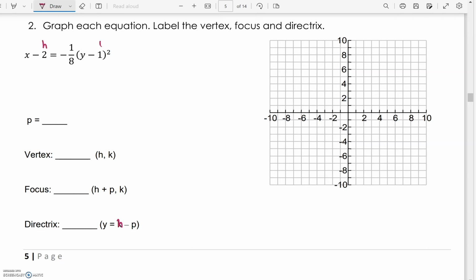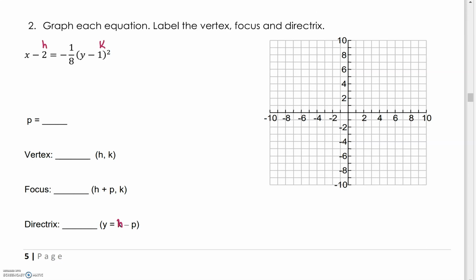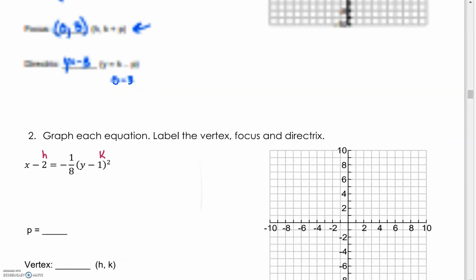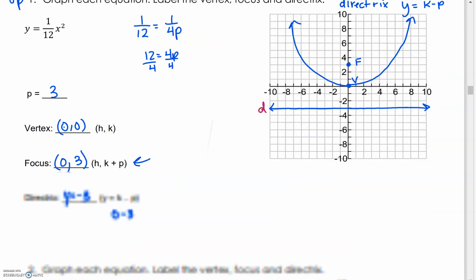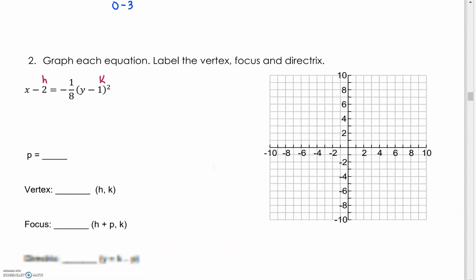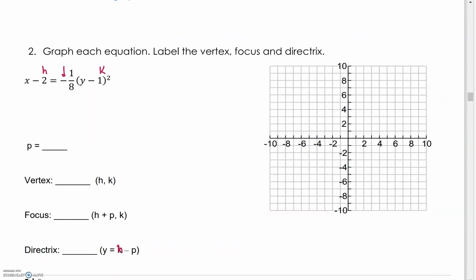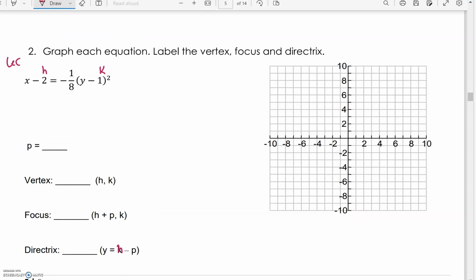So here's our h, and here's our k. So again, h goes with x, k goes with the y. So a reminder up here that this is, again, horizontal. So if p is positive, it opens right. If p is negative, it opens left. So because this is negative right there, we're going to open left.